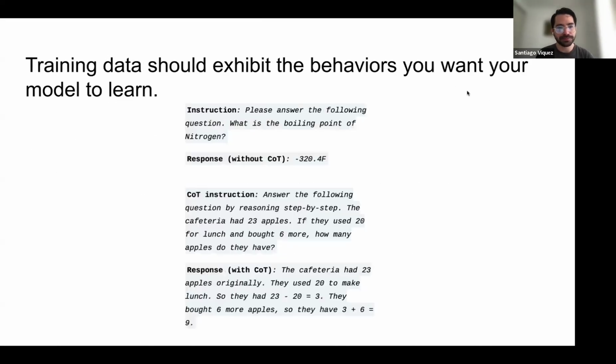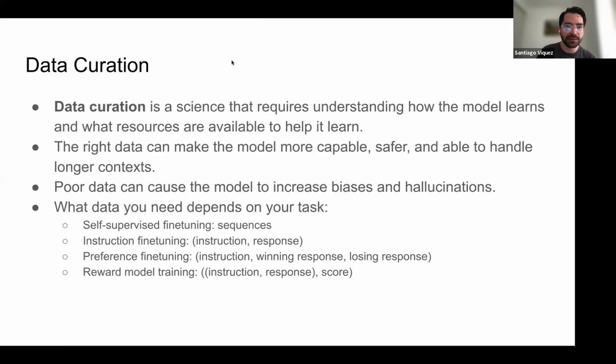Okay. So what data you need is going to depend totally on your use case, on your task. If you just want to do self-supervised fine tuning, you'll probably be okay with just sequences of text. If you want to do instruction fine tuning, or train a question and answer model, you will need pairs of instructions and responses.